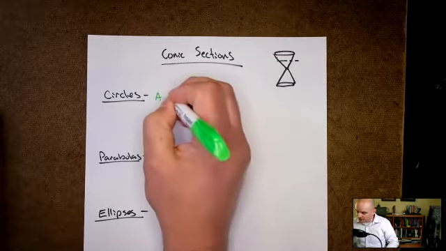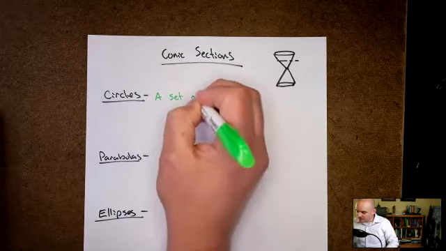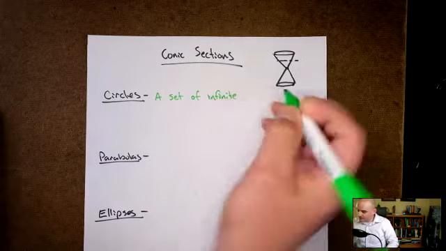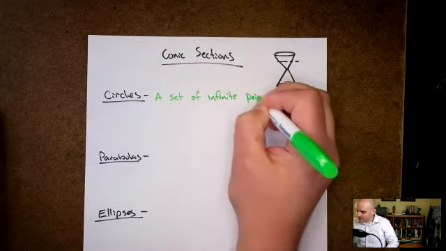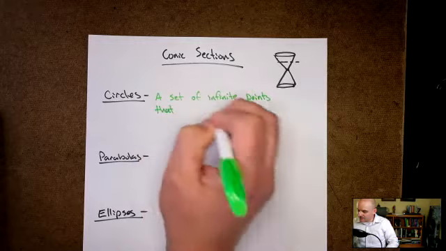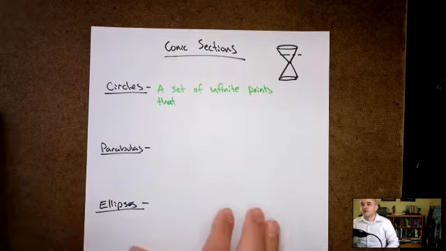A circle is a set of infinite points that, I'll let you see if you can think about how to finish it. I'll give you a second.